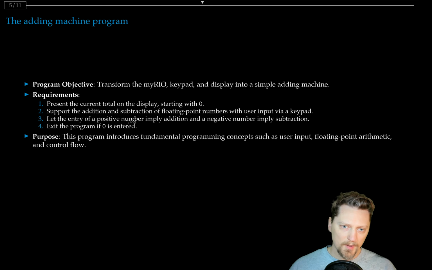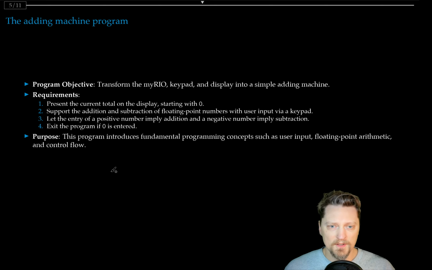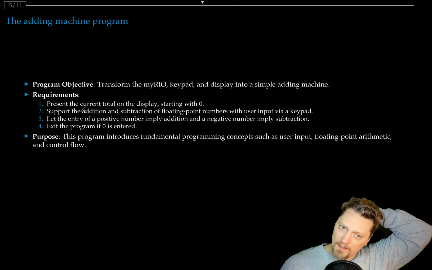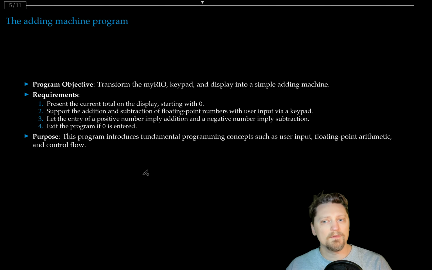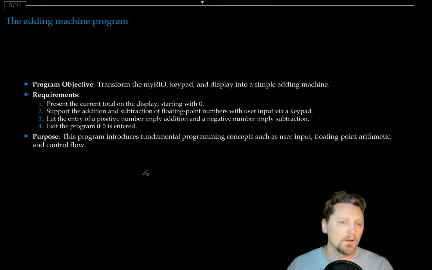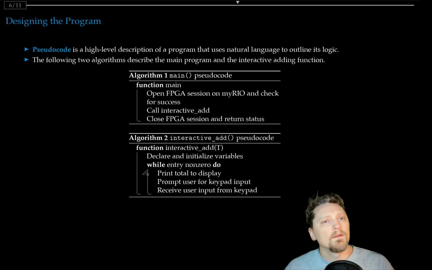Let the entry of a positive number imply addition and a negative number imply subtraction. 4. Exit the program if 0 is entered. The purpose of this program is to introduce fundamental programming concepts such as user input, floating point arithmetic, and control flow.